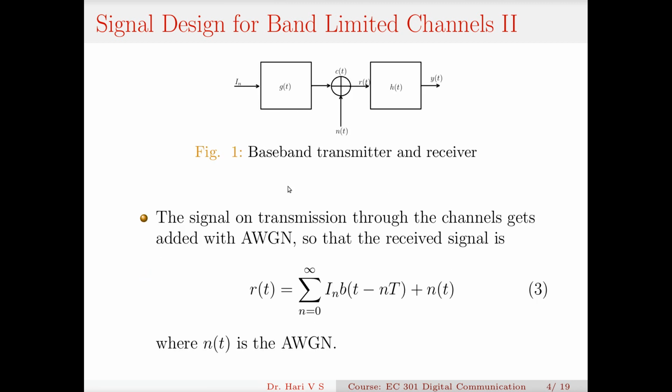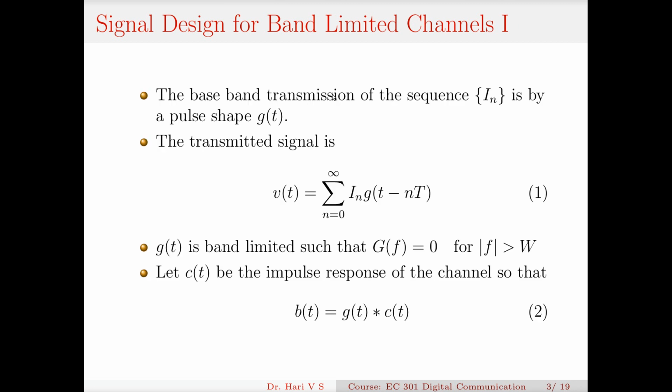And this v(t) is passed through an additive white Gaussian noise channel whose impulse response is c(t), and upon passing through this channel, noise n(t) is added to my signal. So the received signal r(t) is equal to, so this g(t) together with the c(t) we can consider as a single linear time invariant system whose impulse response is b(t), that is equal to g(t) convolution c(t).